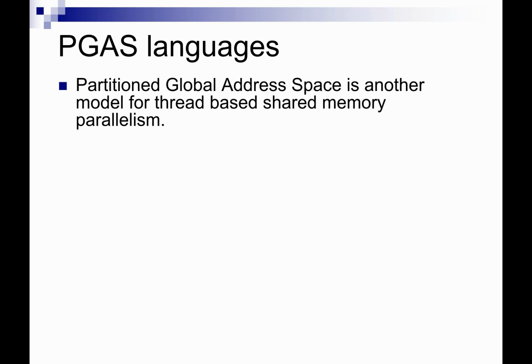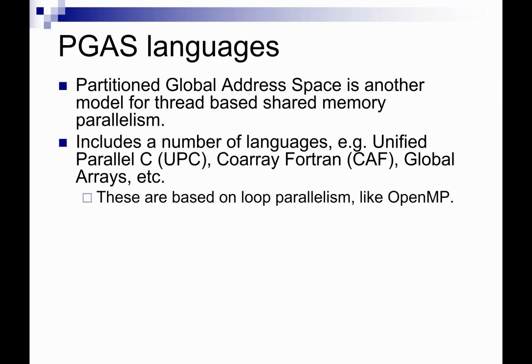The thread is still allowed to access the other parts of memory, but it will usually try to do its operations in the chunk of the memory that it's been assigned, where it can operate the fastest. So that's the basic motivation for PGAS languages.